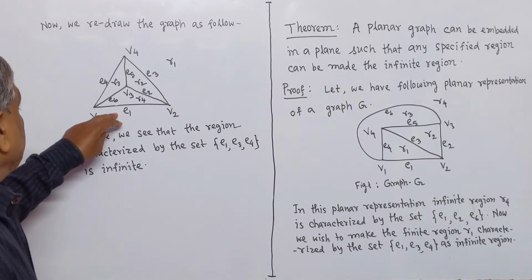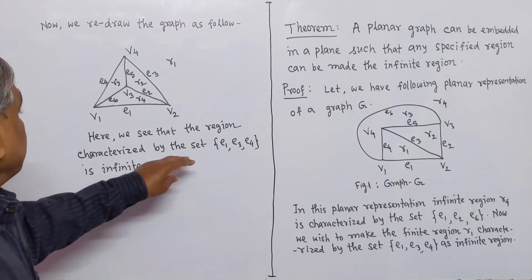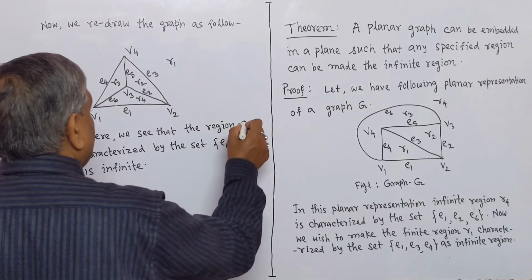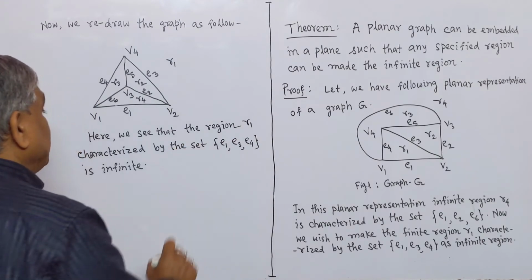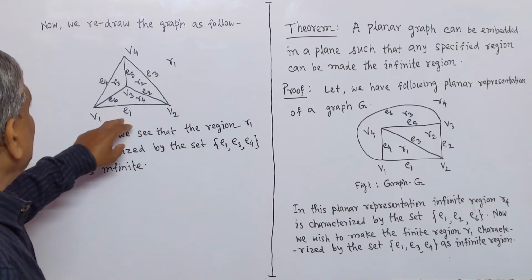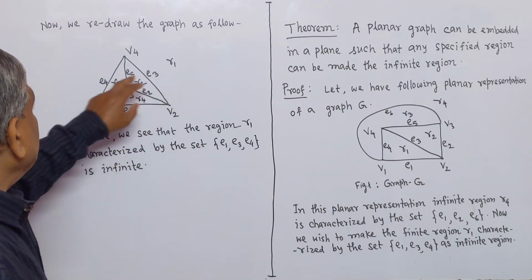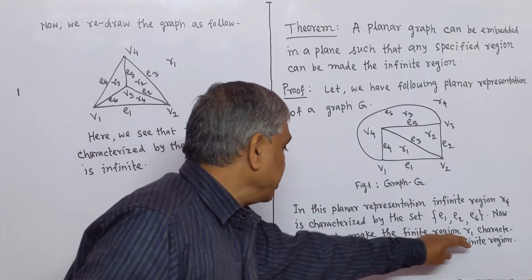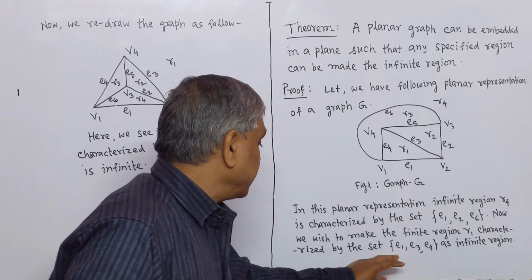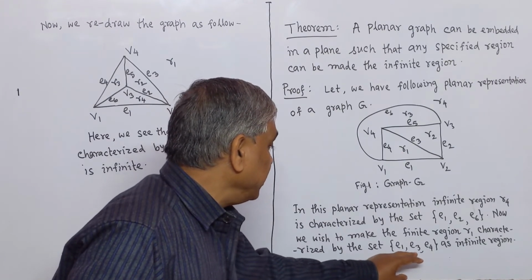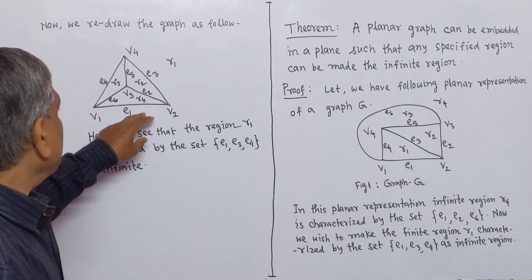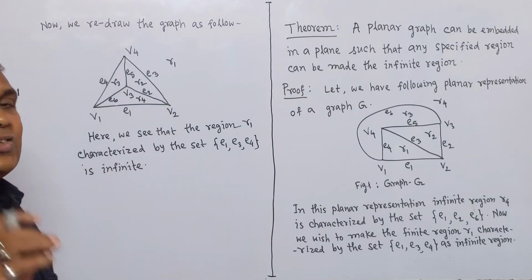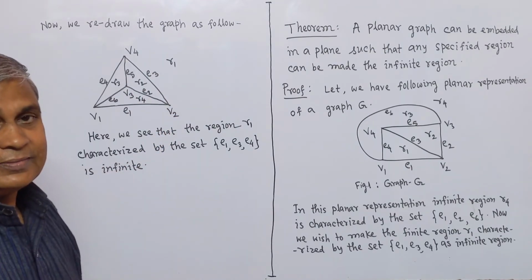Here we see that the region R1 is characterized by the set E1, E3 and E4. Here also the region R1 was characterized by the set E1, E3, E4. Here also it is the same, but here the R1 region is infinite.